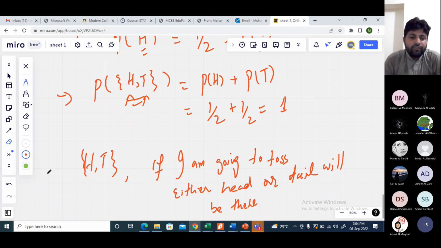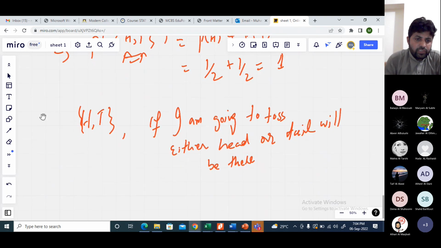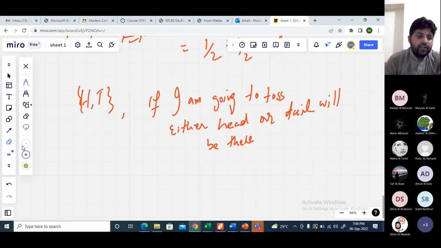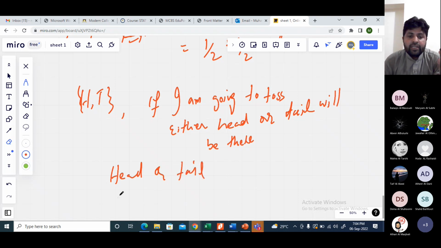For example, I have given you a coin and you're going to toss. It means that there is a for sure probability that it's going to be head or tail. Am I right or not? Yes. When you are going to toss, head or tail will be there, so it's a 100% chance.